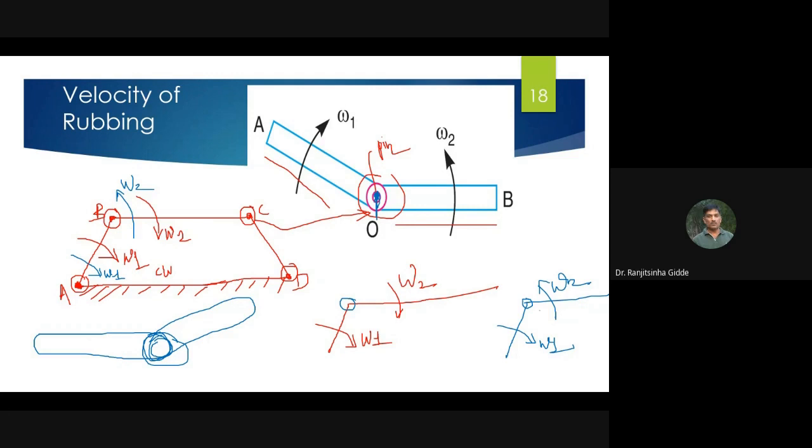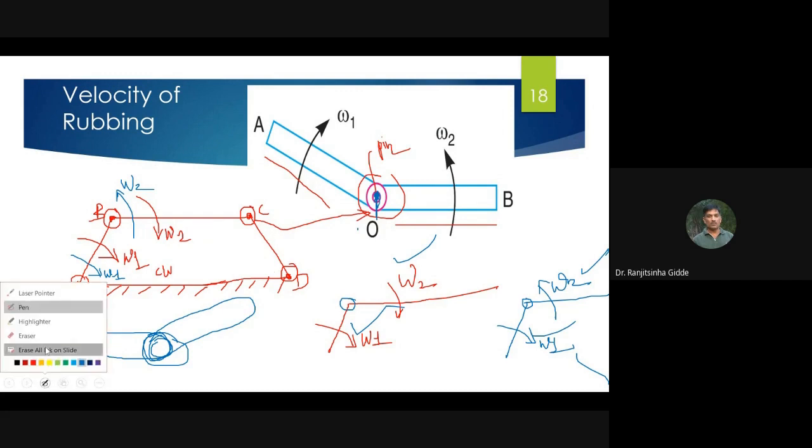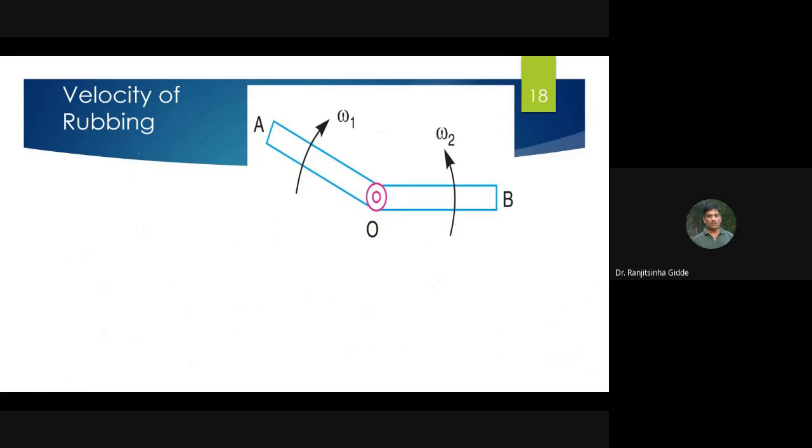So based on the directions of this omega 2, omega 1, omega 2 and omega 1, how to determine this rubbing velocity? Already you have drawn the figure.